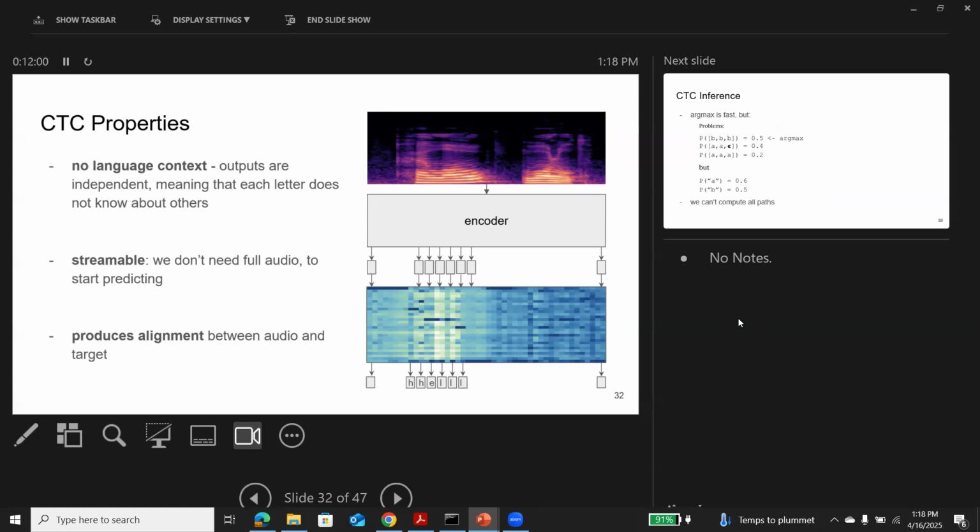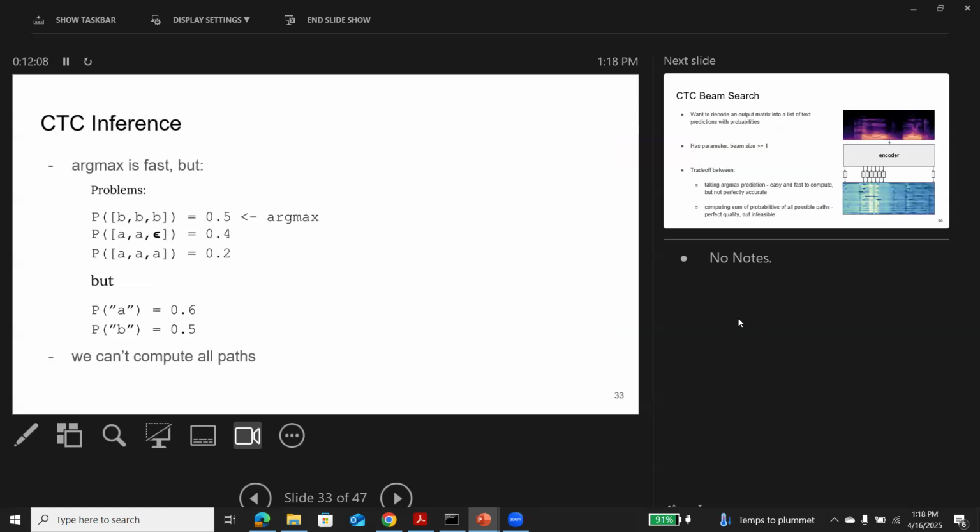And also because we have several different possible paths, different possible outcomes, well, this is the problem if we take argmax.